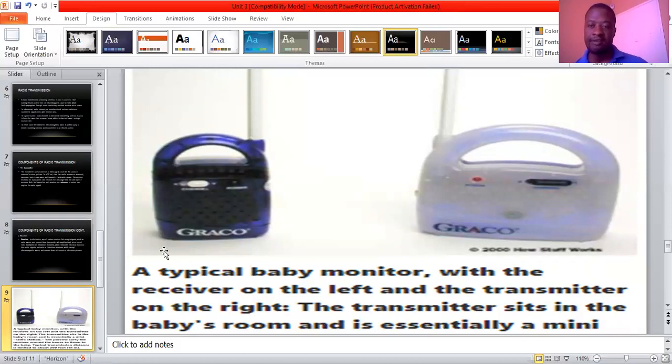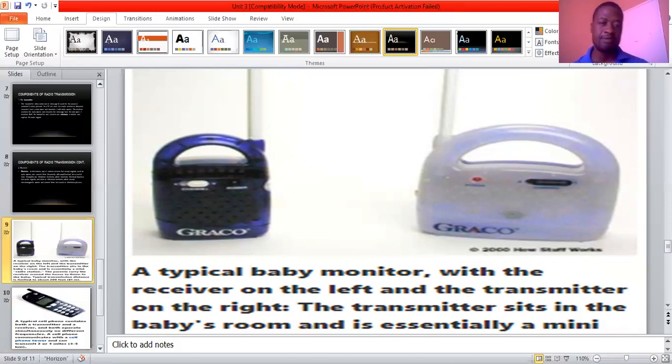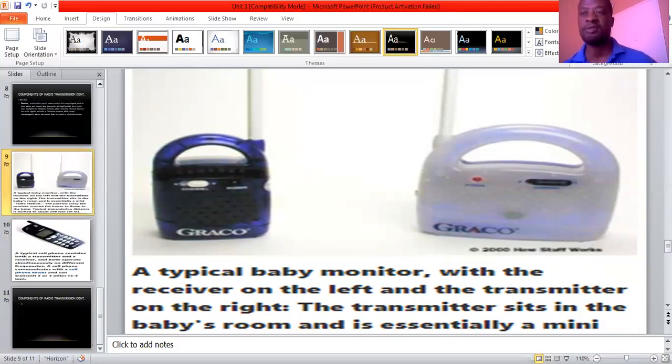It gets recorded and then transmitted. Then the mother will be able to listen to what the child is doing. Maybe the child was crying, maybe he was playing. All these are recorded and then transmitted to the receiver. So this is one way of guarding your house, and once you have your receiver, you will be in a position to know what is happening in the room, because you will be receiving signals from the transmitter.